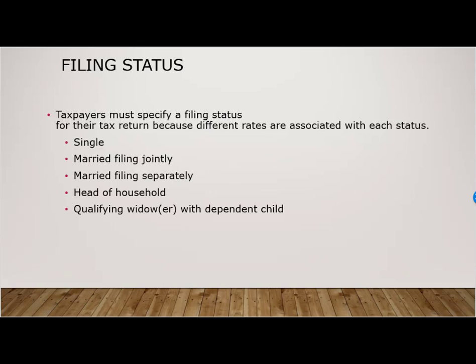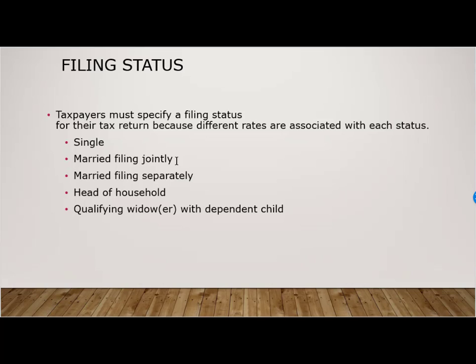So your filing status, you have a choice of how you want to be considered for taxes. If you're single, you're single, right? If you're married, though, there are some other ways that you can be classified. Married filing jointly is the way most married couples will probably file, but you could file separately.